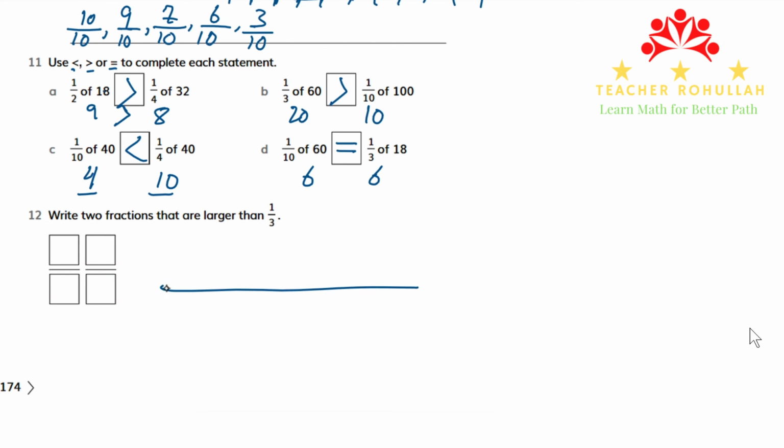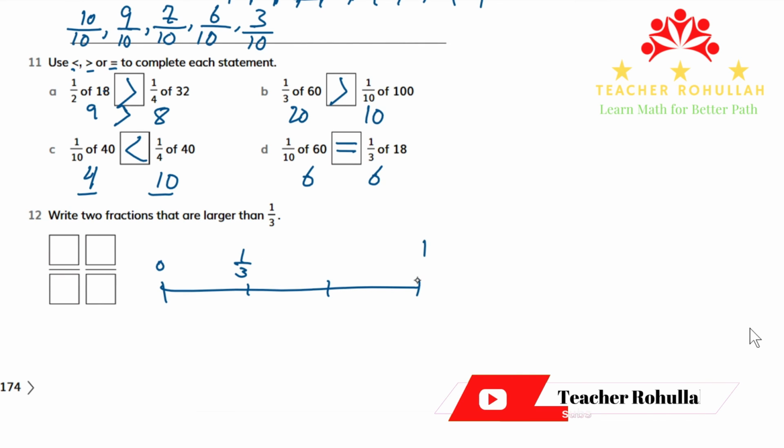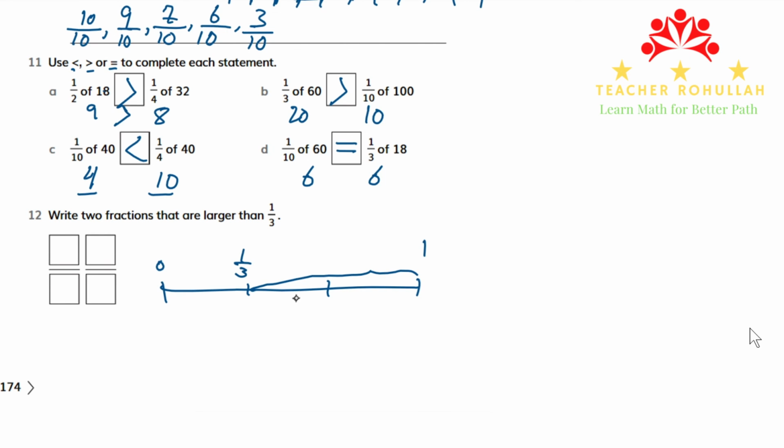If we have a number line over here, this is 0, this is 1. If we divide it into thirds, this is 1/3. So any fraction that lies in this range is larger than 1/3. One of the fractions that lie here is 1/2. 1/2 is greater than 1/3.